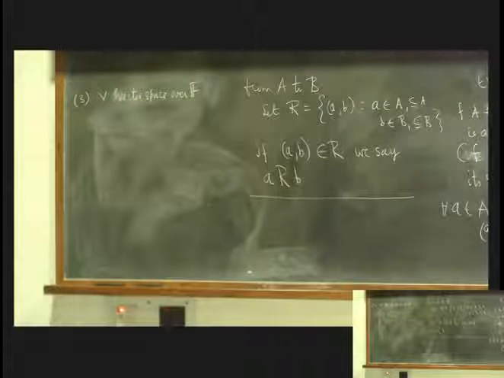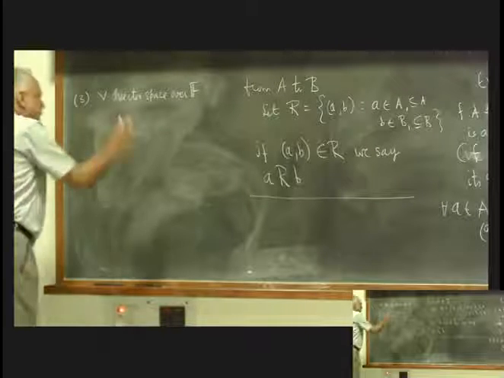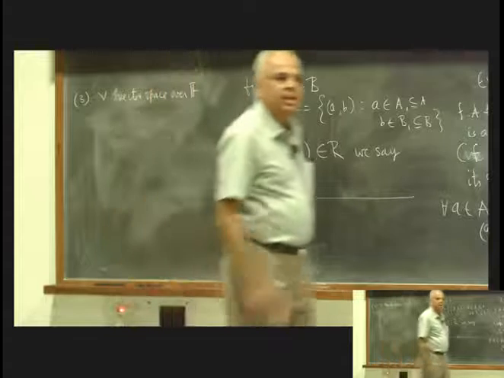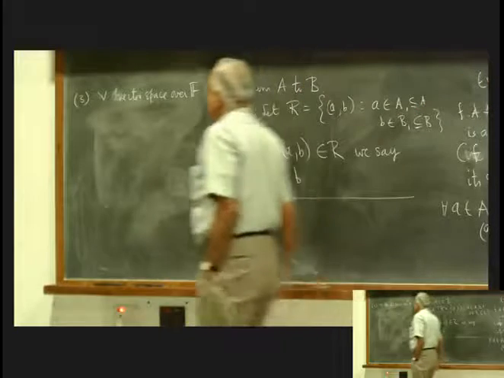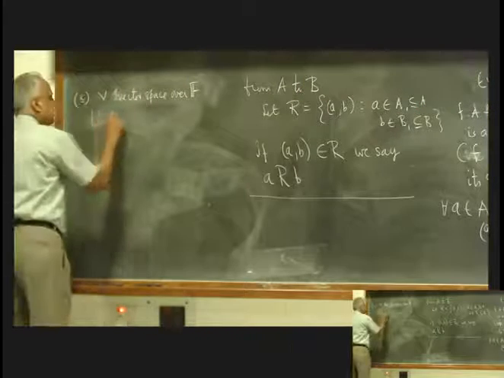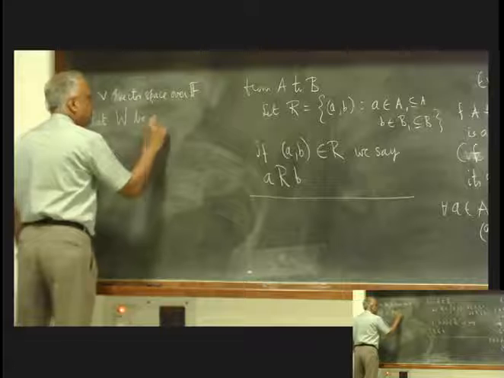If you don't like, take it to be complex or real or whatever you want. It could be finite dimensional or infinite dimensional. I simply don't care. Any vector space over any field F. Then let W be a subspace of V.